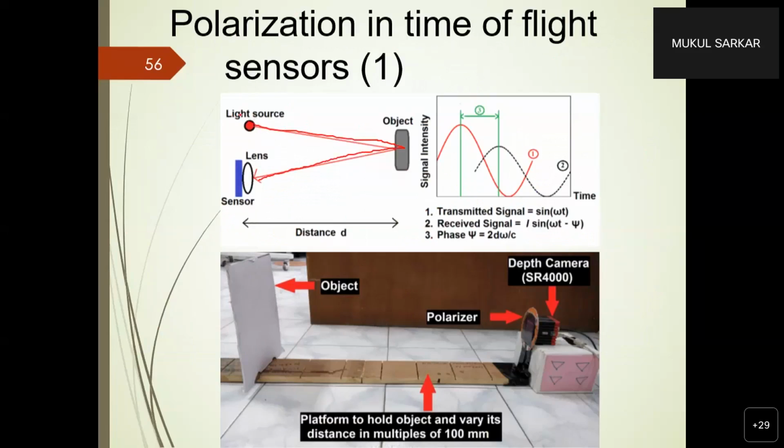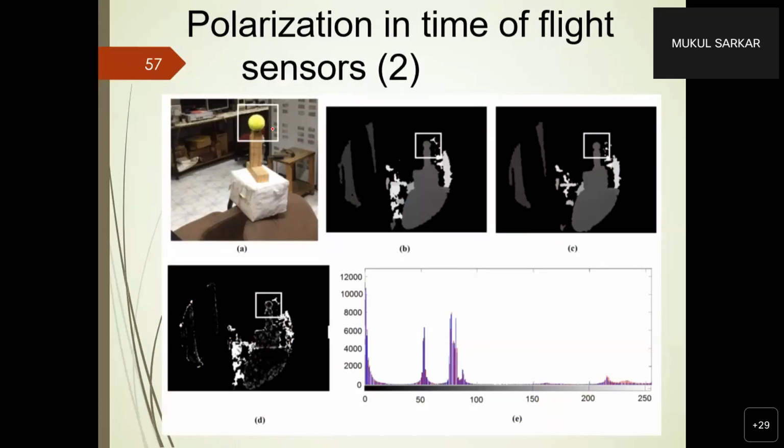You know the speed of the light, you know the time at which the light was emitted and the time at which the light is detected by the sensor. From these two pieces of information, you can calculate the distance of the object from the sensor. These are some of the experimental results that we did, wherein we were able to predict the depth information very, very accurately. We did this in a lab environment, but we can also do it for bio applications.